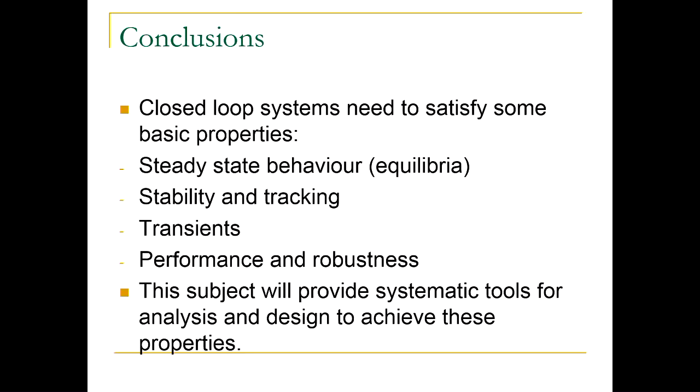You will need to satisfy certain constraints on transients. Your boss tells you, I want this overshoot, this rise time, design a system. You need to be able to achieve that. And then you need to do all of the above while respecting robustness and performance requirements.